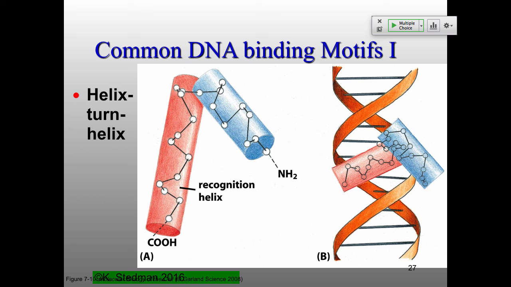And these helix-turn-helixes are great in terms of DNA binding because they've got one helix that sits down in the major groove of the DNA, and the other helix that sort of sits across it and holds it in there.